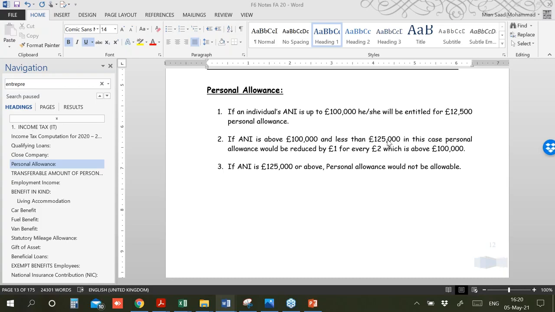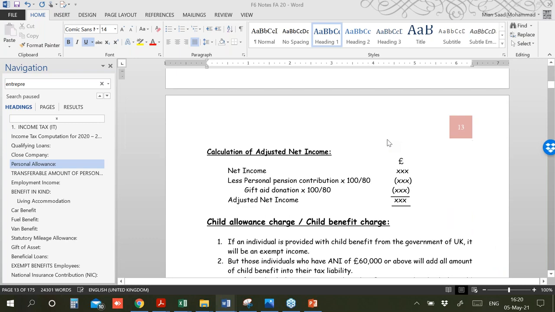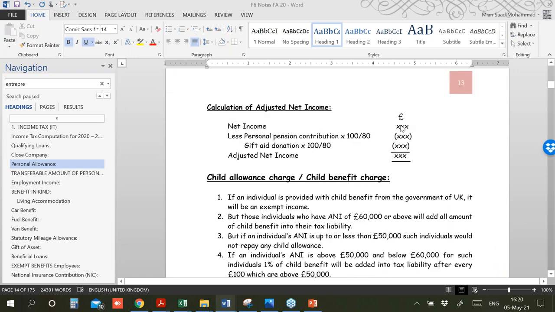So in our case, Dembe's net income needs to be calculated first to check whether she is eligible for any personal allowance or not. The formula is: take your net income before any reliefs or allowances, then deduct from it the personal pension contribution and the gifted donation. But these amounts need to be grossed up before deducting.